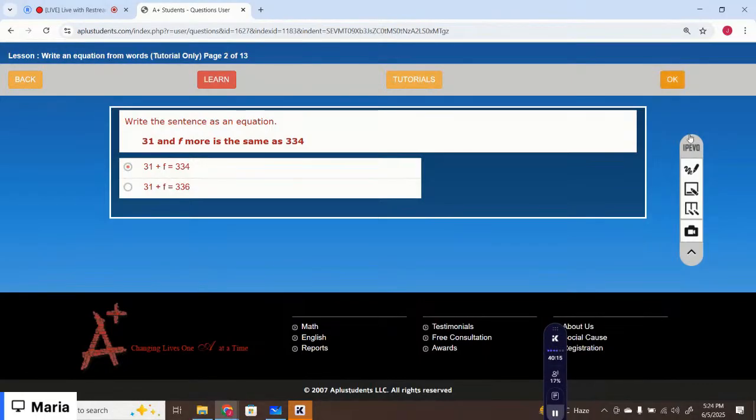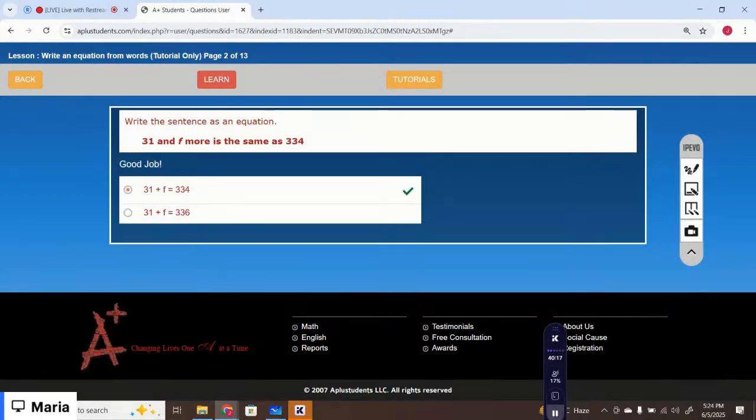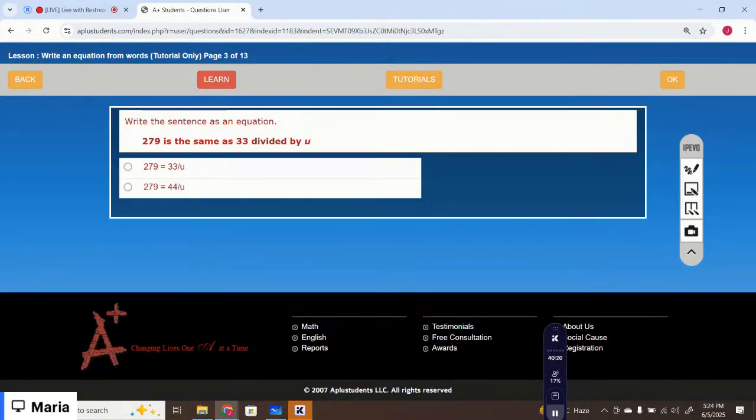That is 31 plus f equals 334. Option number one is the correct option.